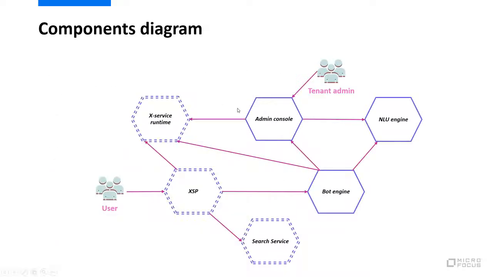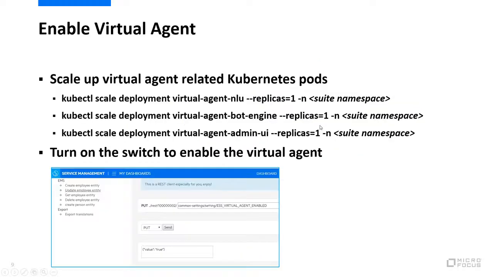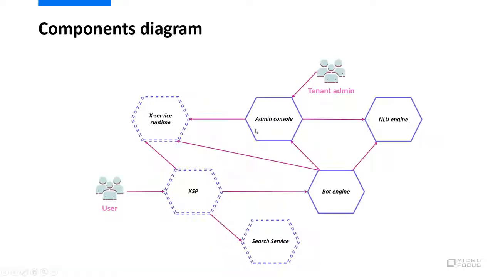And this diagram describes, like I mentioned, that we have three pods here. The diagram shows the major components and how they work with the other major services within SMAX.